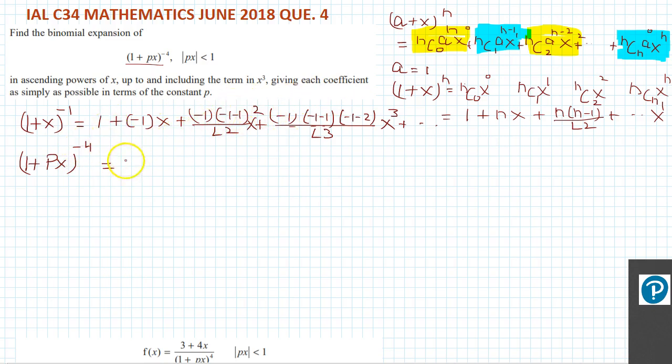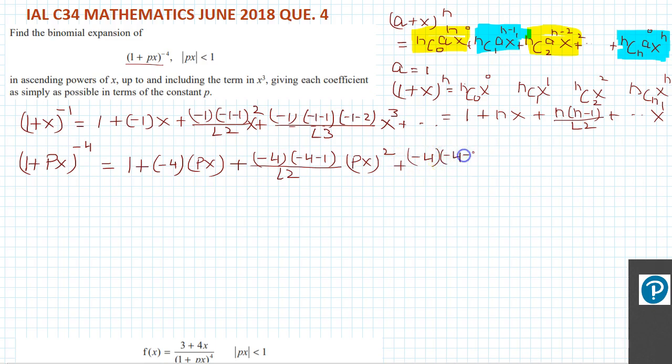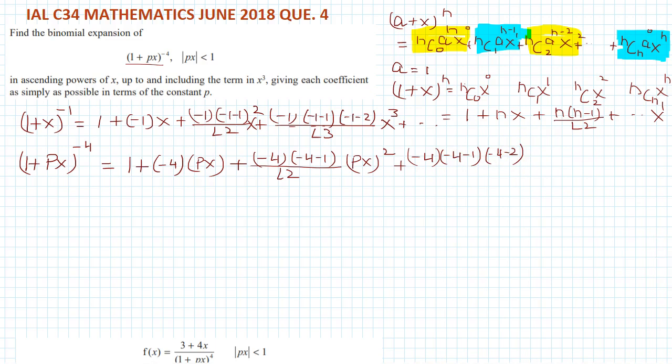So what we have is 1 plus nx, n is minus 4 and x is px, plus minus 4 times (minus 4 minus 1) over factorial 2, (px) squared, plus minus 4 times (minus 4 minus 1) times (minus 4 minus 2) over factorial 3, (px) cubed.